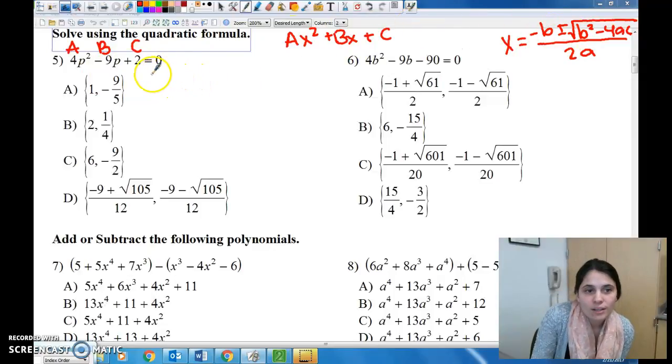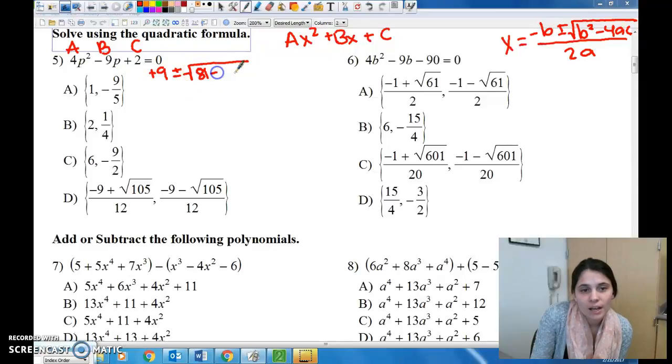I start with a negative b, so a negative 9, which actually gives me a positive 9, plus or minus the square root of negative 9 squared, which is 81, minus 4ac. So 4 times 4 times 2, and that's all over 2a, which is 2 times 4.